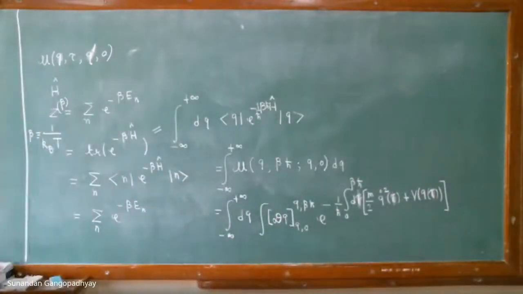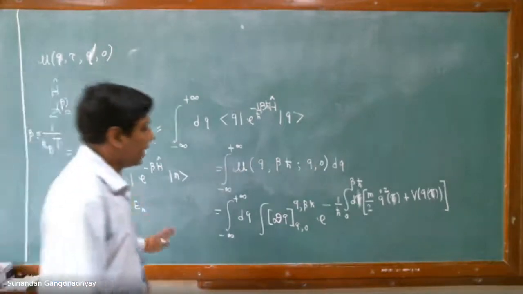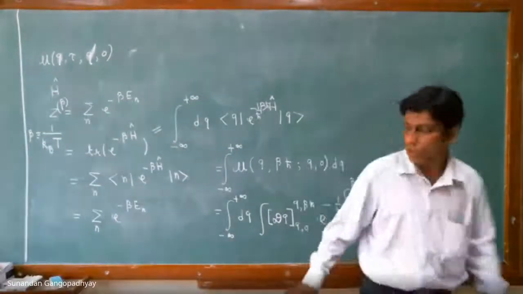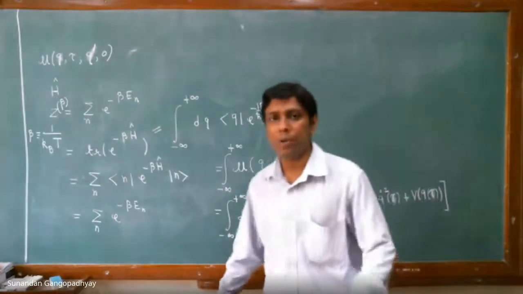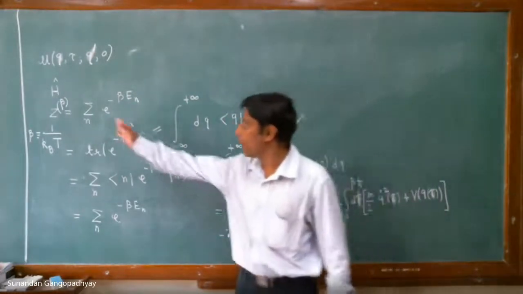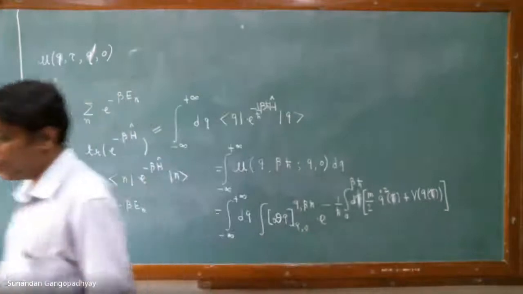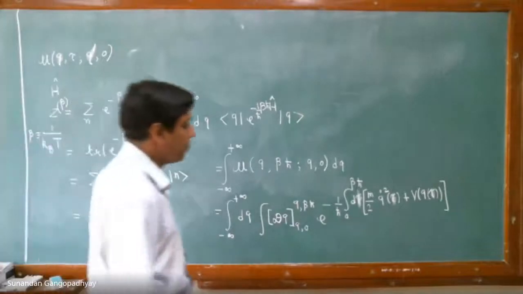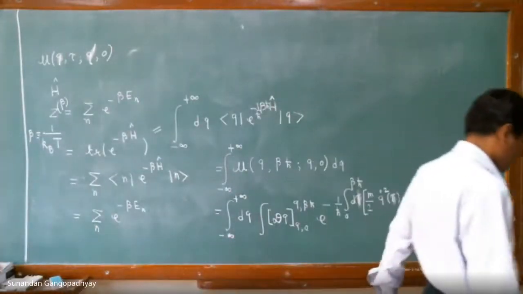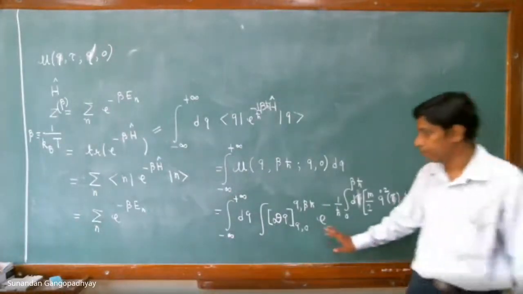So you can see that there is a correspondence between statistical mechanics and quantum mechanics. More generally, a Euclidean quantum field theory in d+1 dimensions can be identified with a d-dimensional quantum statistical system. This is a quantum statistical system, and this is a Euclidean theory.